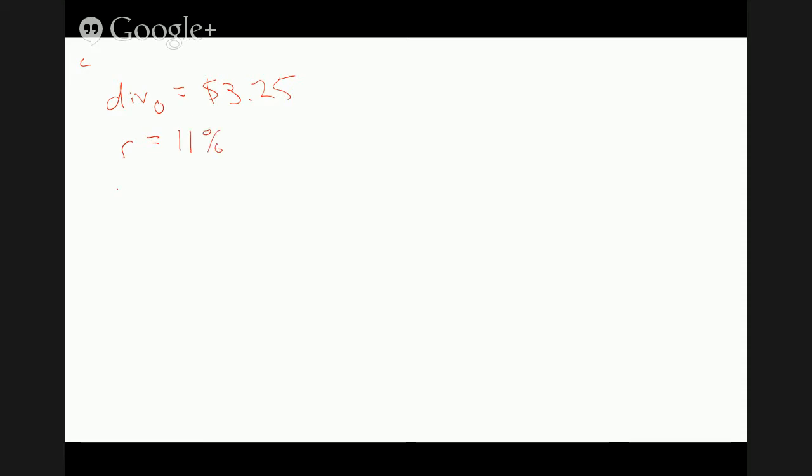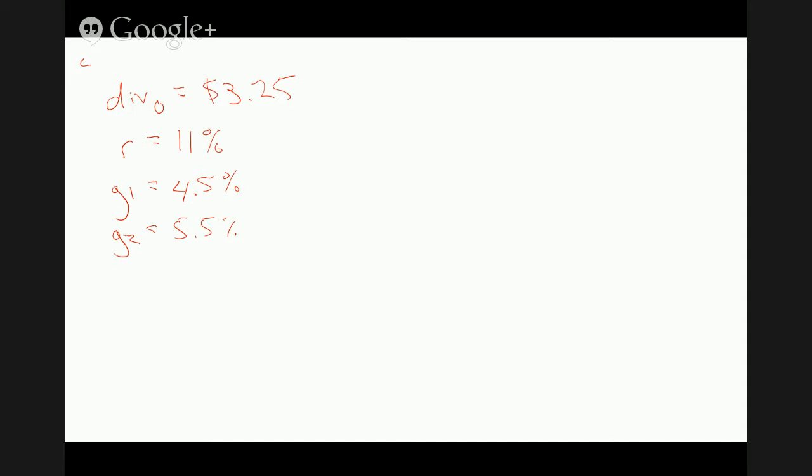And we know that we're deciding between two growth rates. Growth rate 1 is 4.5%, and growth rate 2 is 5.5%. So with these numbers in mind, there are two potential future dividends to be paid by this stock.